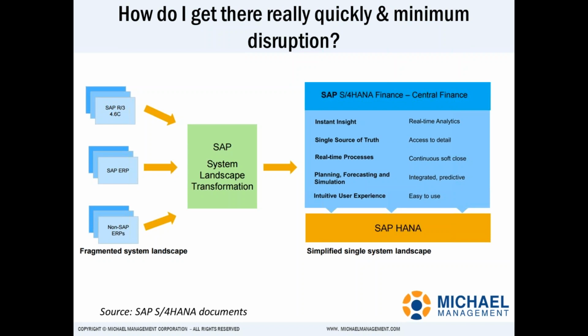So what we could do is stand up a version of S/4HANA which has central finance enabled in it, and using the SAP landscape transformation, we could replicate all the data that you have in your existing systems into the central finance. And central finance has an intricate amount of detail. For example, you could also go to the document details. When we replicate the data in the central finance, it also has line item details in the system. And so that's step number one.